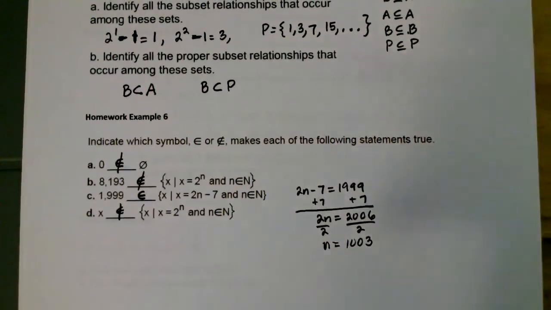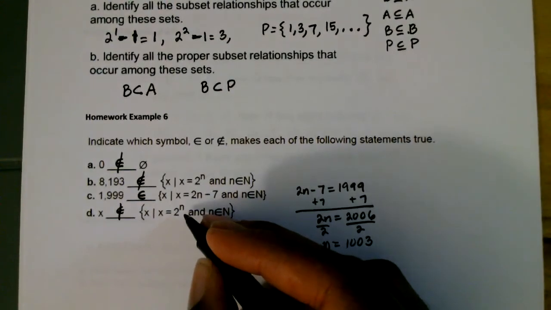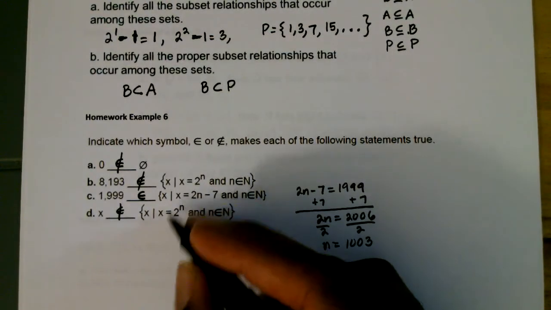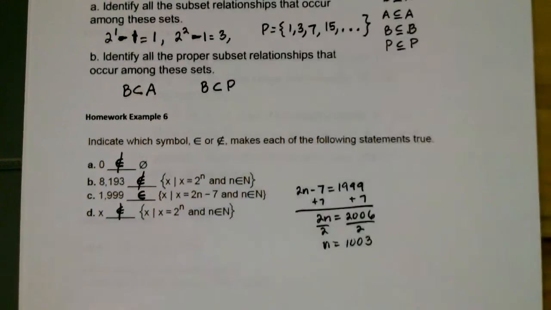The reason for that, 2 to whatever n is, that's going to end up being some even number. And in this case, I'm not going to be able to find anything where 2 to the n is equal to that, because I don't know what x is. So that would not be an element of this set.